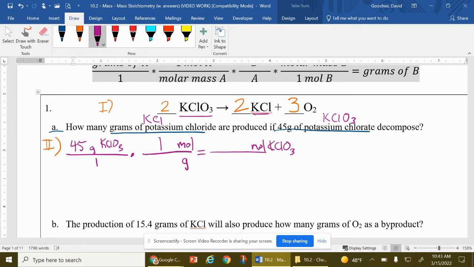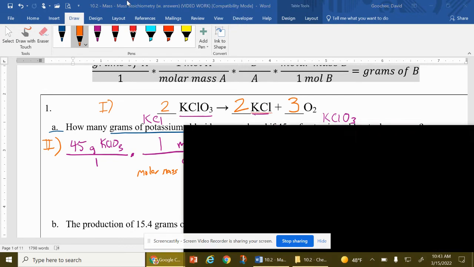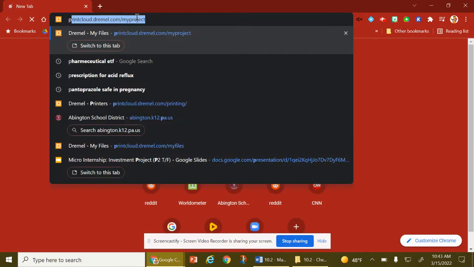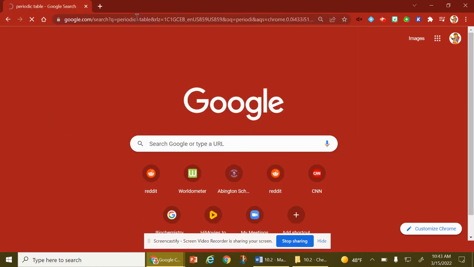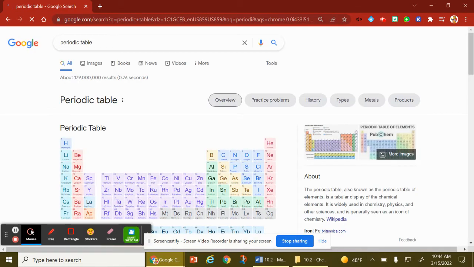Now, what's the relationship between grams and moles for KClO3? Well, it's the same relationship as always. It's the molar mass. So I'm going to look up the molar mass of KClO3. Okay, I'm going to pull up the periodic table, and I'm going to get a calculator.